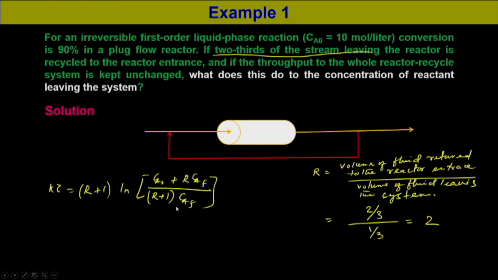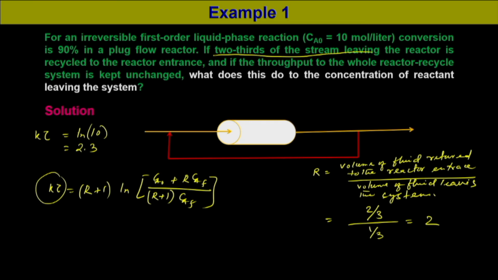This is for a first order reaction. We have derived this relation. So, if we substitute the values, CAf we have to calculate. k tau we have calculated earlier, k tau is equal to ln 10, which is 2.3.